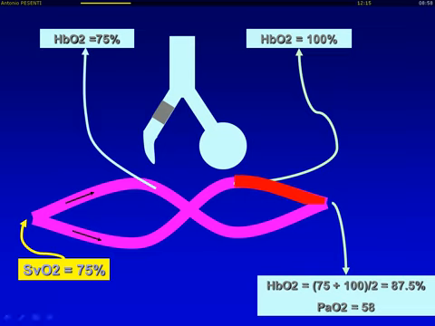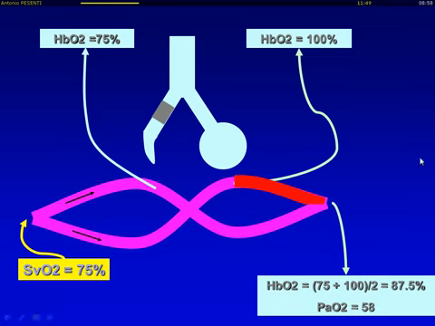If the patient has 50% shunt, the arterial saturation is made up 50% by well oxygenated blood and 50% by mixed venous blood. So the arterial blood is a mixture of mixed venous and ideal blood.